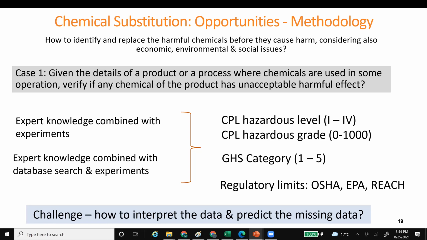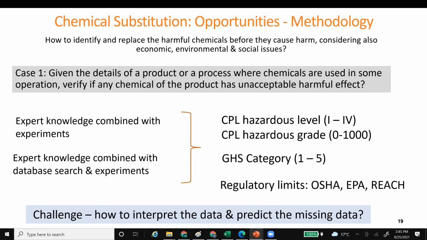So the challenge: how to interpret the data, the CPL hazardous level, the CPL hazardous grade, GHS grade, regulatory limits of OSHA, EPA, REACH, how to interpret the data and predict, and also predict the missing data, together with combine the overall picture that it is not just the hazardous, it is also the economic, it is also the improvement of the product or the process that needs to be looked at. But here we are given the candidate, we are not replacing, we are just selecting or telling what the problem is.